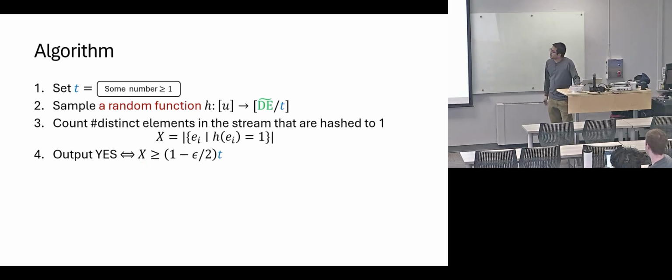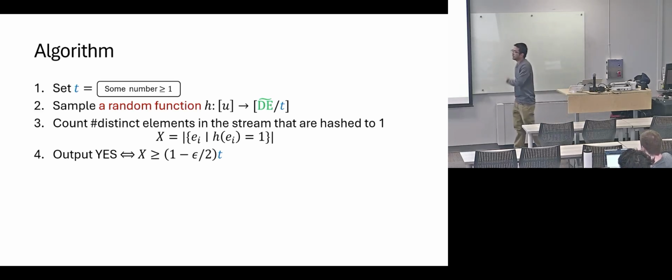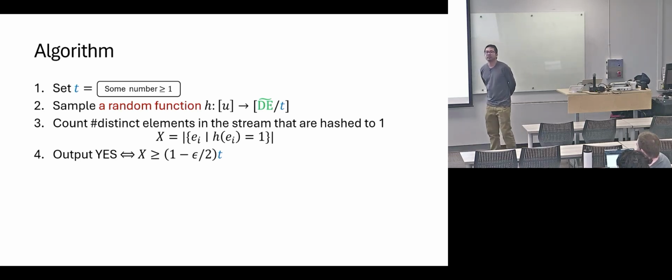Okay. So before we go and argue why this is correct, can you tell me how big the space we need to use to implement this algorithm? Yeah, Rob? I think we need to store all of the distinct elements that are hashed to one, to check if we've already included an element in our count.